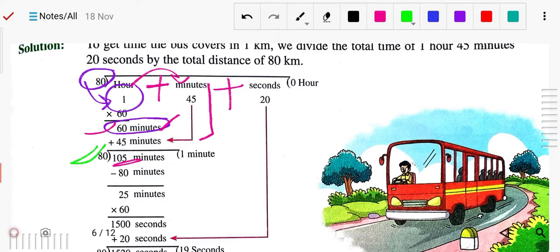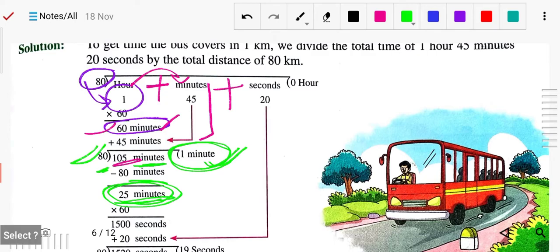Yes, it is possible. After dividing, you will see there is some quotient. Because we are dividing the minutes, this quotient will be in minutes. Now whatever the remainder is, this remainder is not possible to divide again by 80, so this is the remainder left.